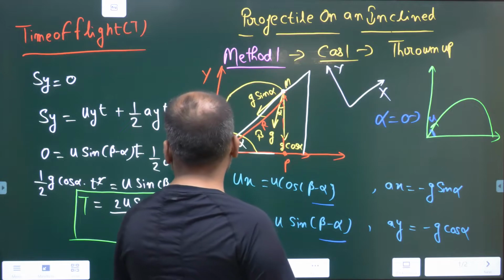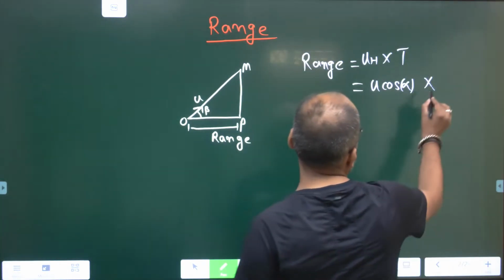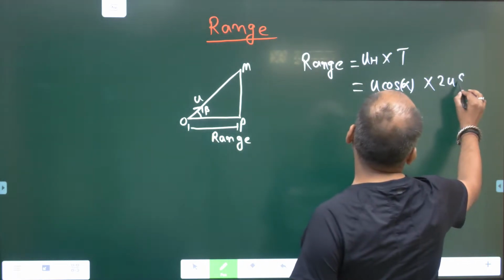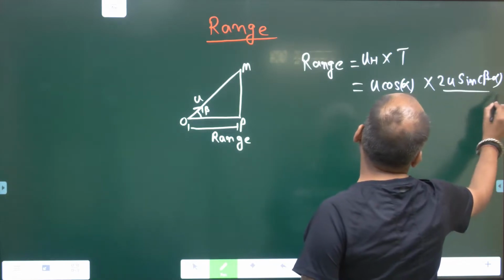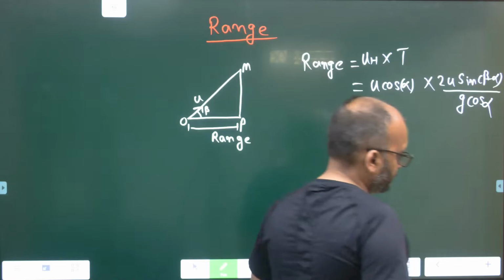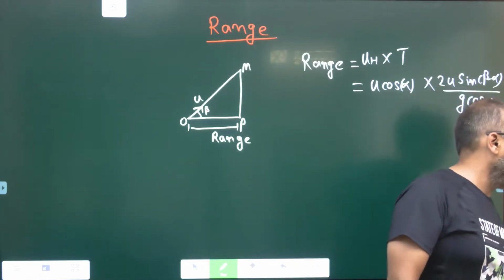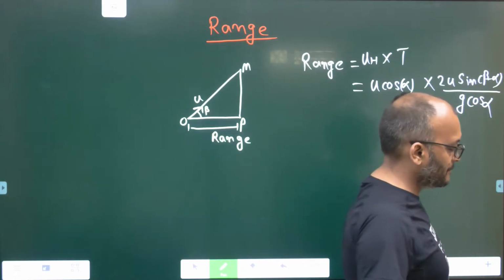2u sine beta minus alpha upon g cos alpha. So 2u sine beta minus alpha upon g cos alpha. Clear or not? Any problem? Yes, speak.